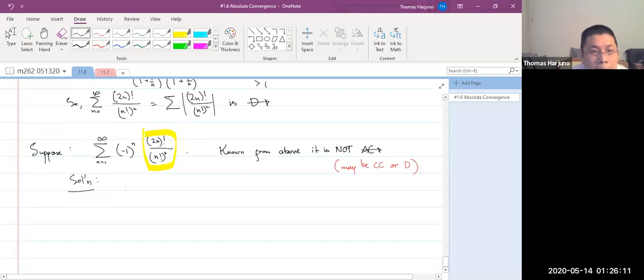So a sub n equals 2n factorial over n factorial squared.